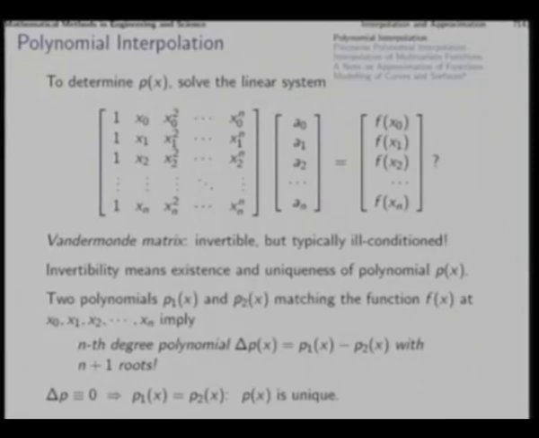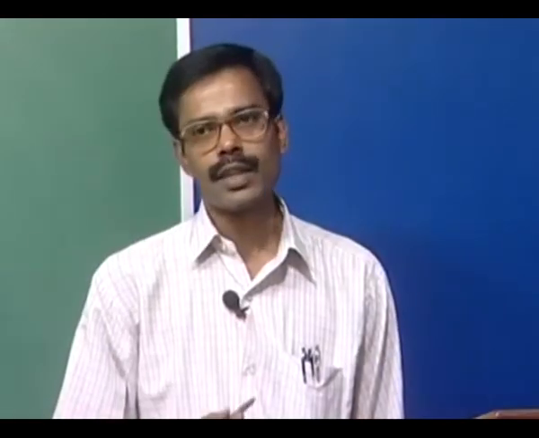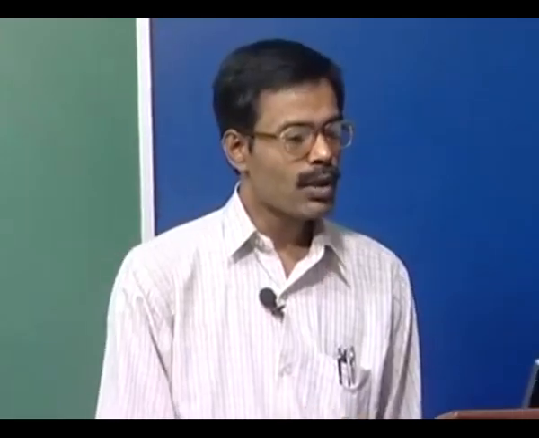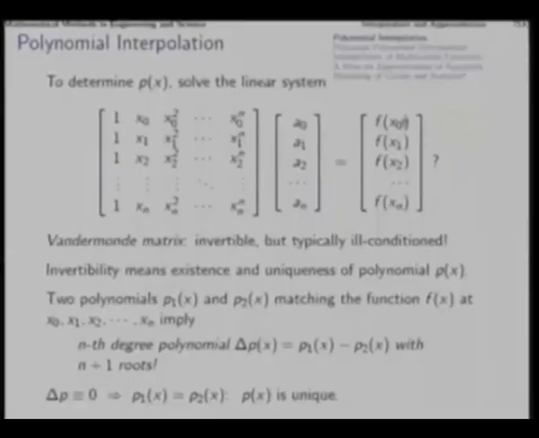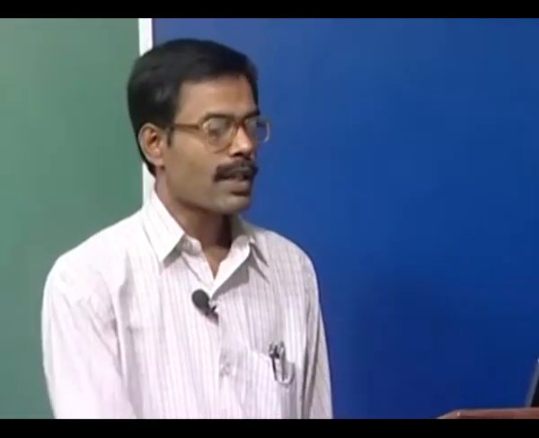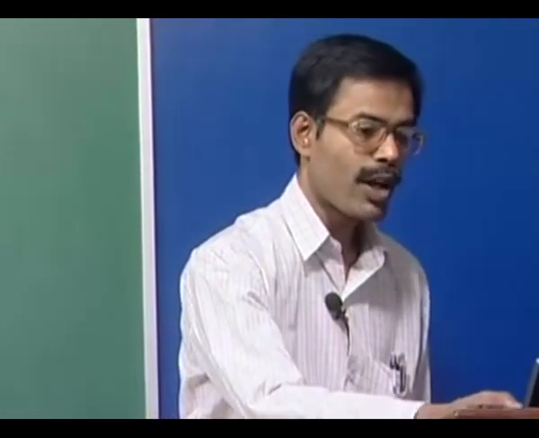So, their difference will be at most an nth degree polynomial. At n plus 1 data points, p1 matches exactly, and p2 also. So, the difference of these two polynomials will have 0 values at n plus 1 points.